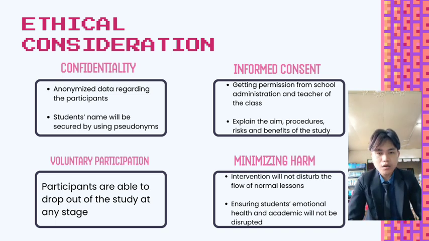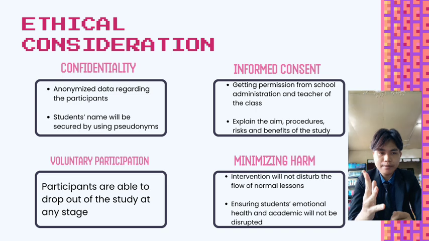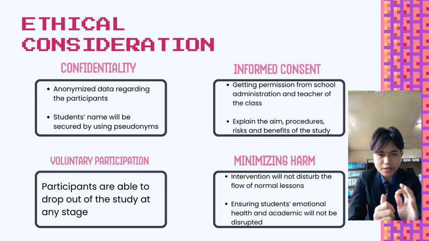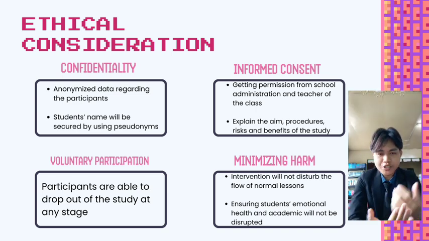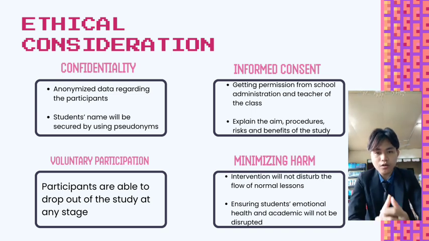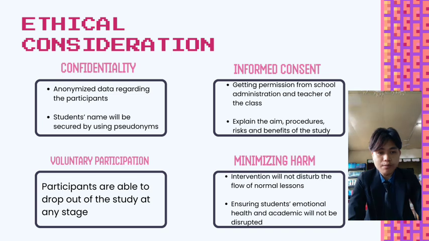All data regarding the participants, including their names, will be anonymized. The anonymity of students will be secured using pseudonyms in the data reports. The information such as work samples and recording of the interview will be stored safely, and only the researcher can access that video and that sample.